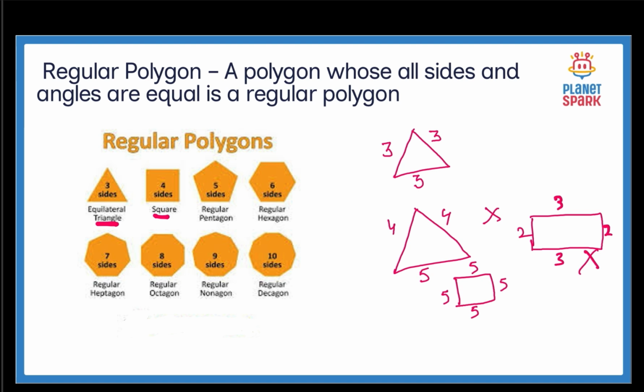Five-sided regular polygon, we don't have specified names, so we just call it regular pentagon. Six-sided is regular hexagon. Seven-sided is regular heptagon. Eight-sided is regular octagon. Nine-sided is regular nonagon. And 10-sided is regular decagon. So regular figures are the figures whose all sides and all angles are equal.